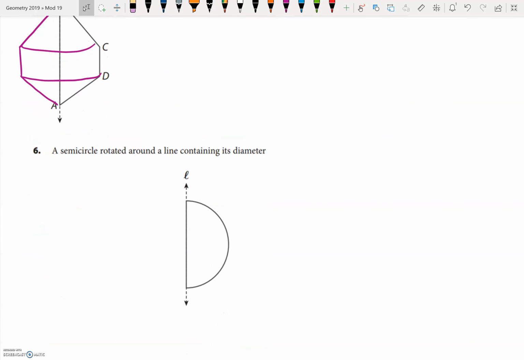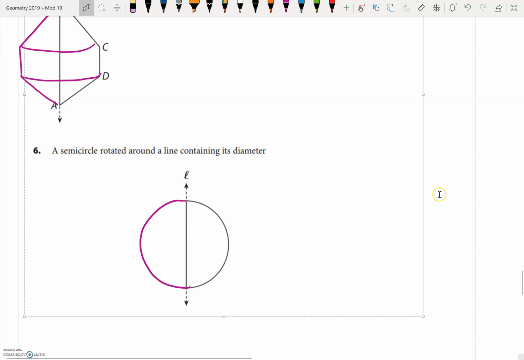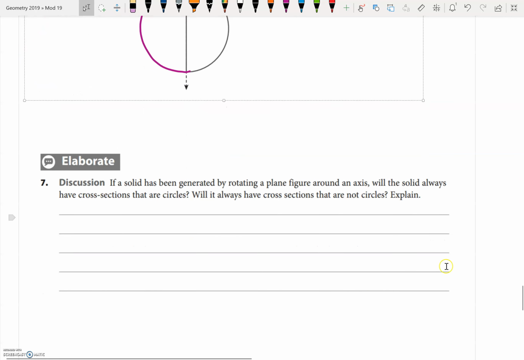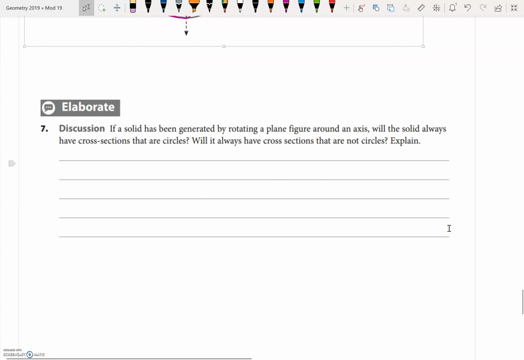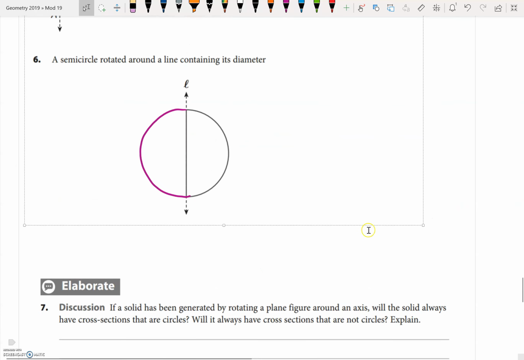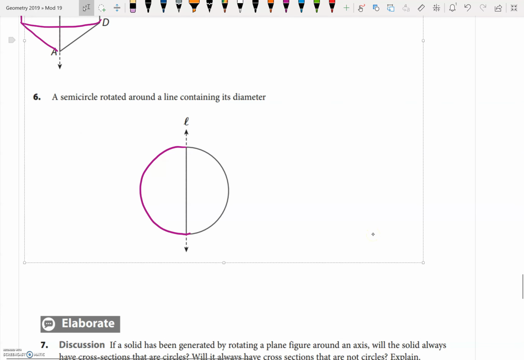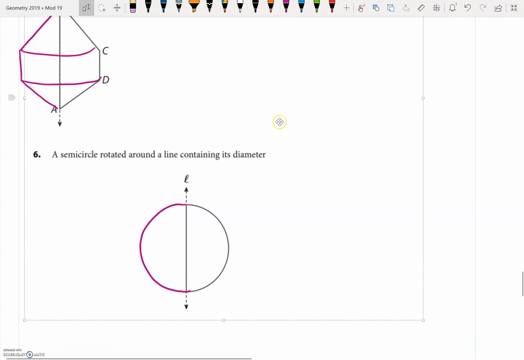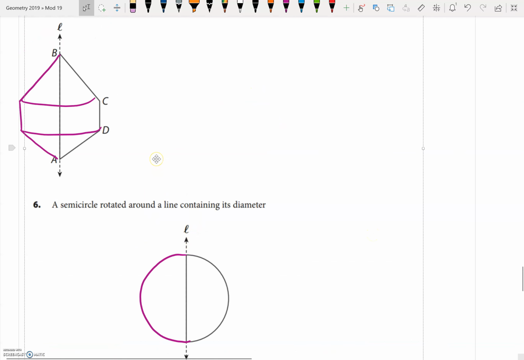What if we took a semicircle and rotated it? Well, then we would end up getting a sphere. If a solid has been generated by rotating a plane figure around an axis, will the solid always have circles? Like if I took this one and did a cross section, there would be a circle. It's a circular figure. And this one would have circular cross sections as well.